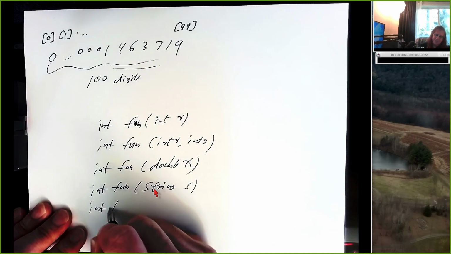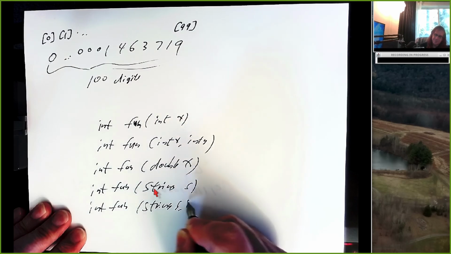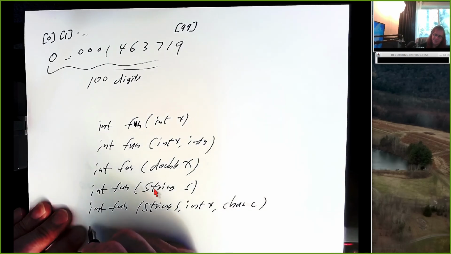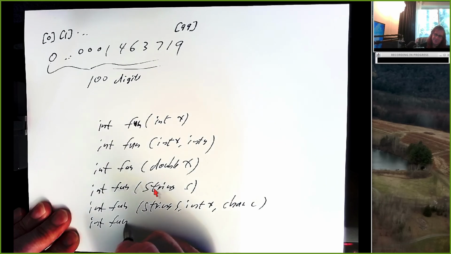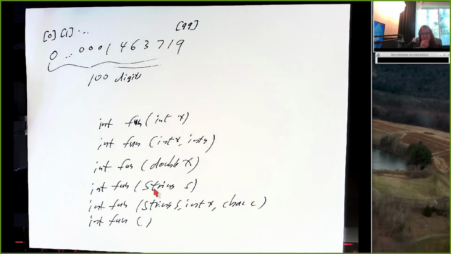I could have an integer function that takes a string, an integer, and a character. I could have an integer function that takes no arguments. These are 6 different functions, totally independent of each other. They happen to have the same name, but other than that, they have nothing to do with each other. They're completely separate functions from one another.